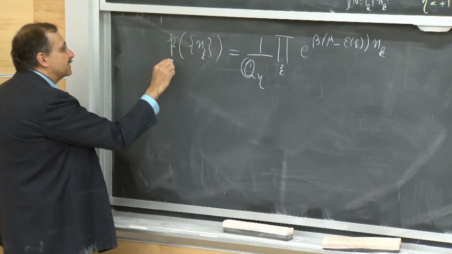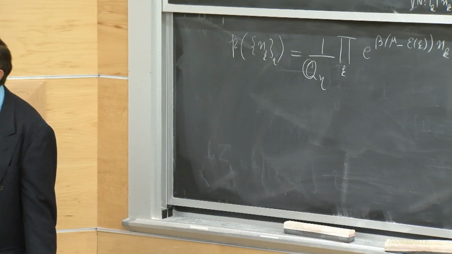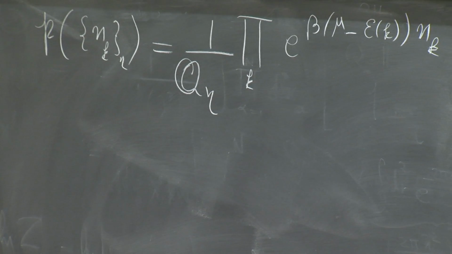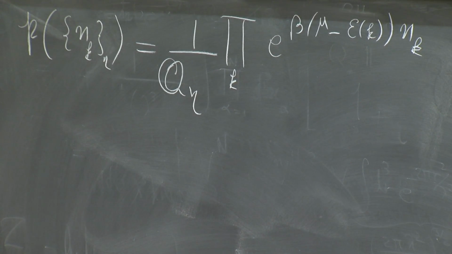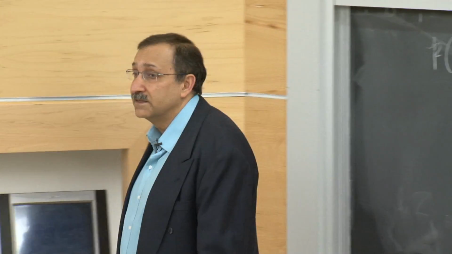And again, the restriction on n's being 0, 1 for fermions or anything for bosons would be implicit in either case, but in either case, essentially the occupation numbers are independently taken from distributions that have this Gaussian character.